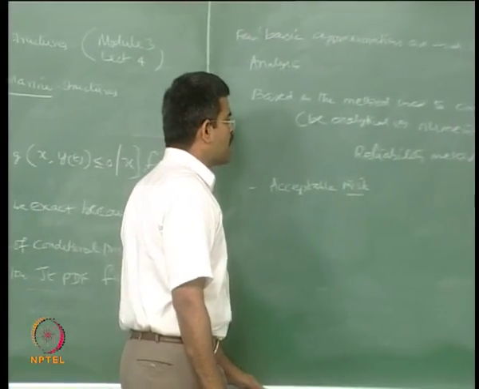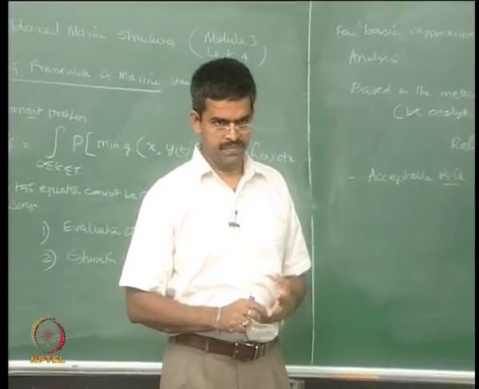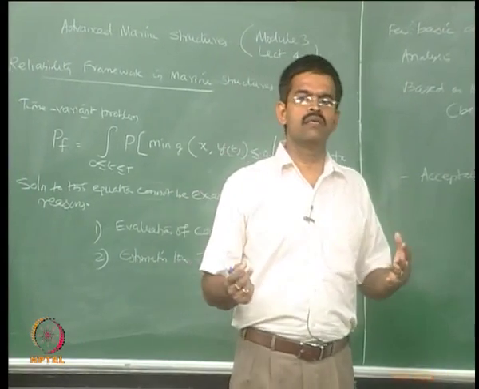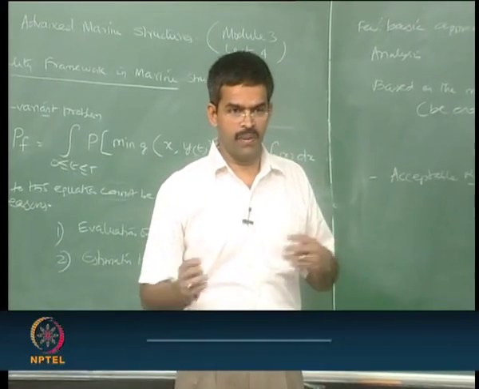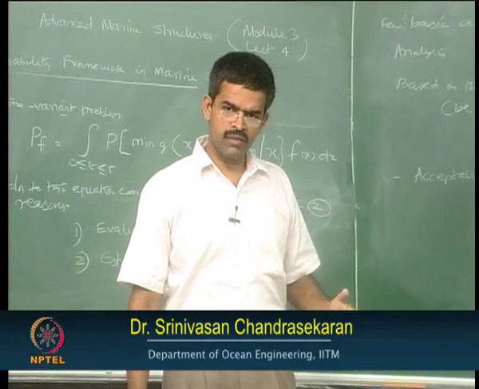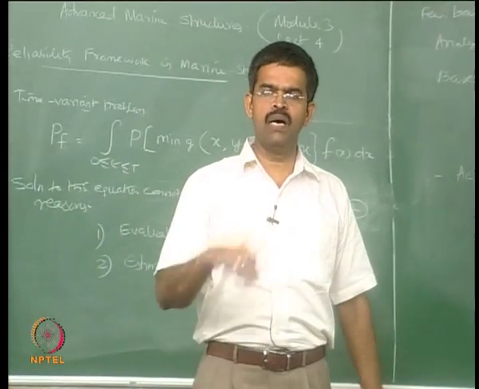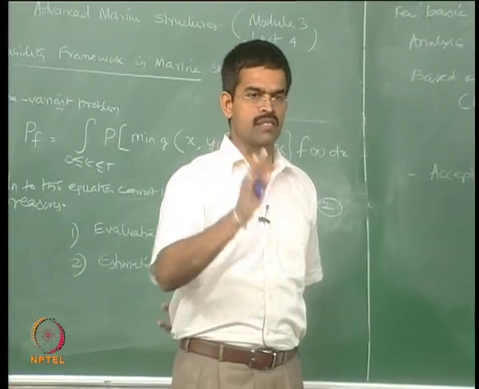The moment I say reliability cannot be 100% in any engineering design, I mean there is nothing like 0 probability of failure of any system because of uncertainties present in the load effect as well as material characteristics. We just now saw one classical example, the dynamic modulus of elasticity.